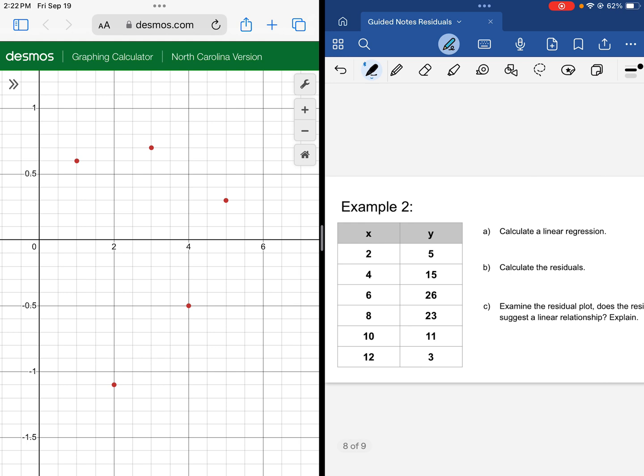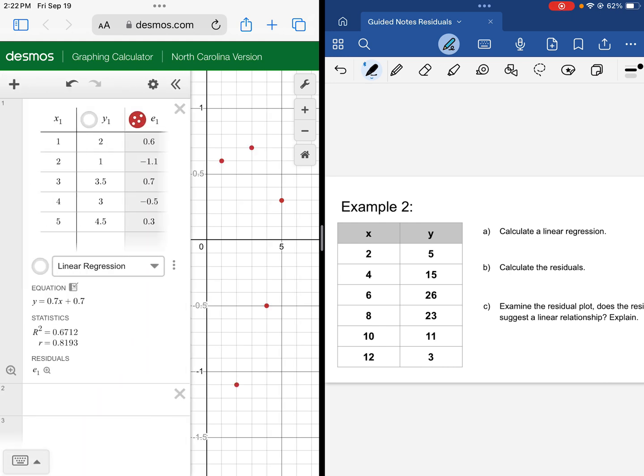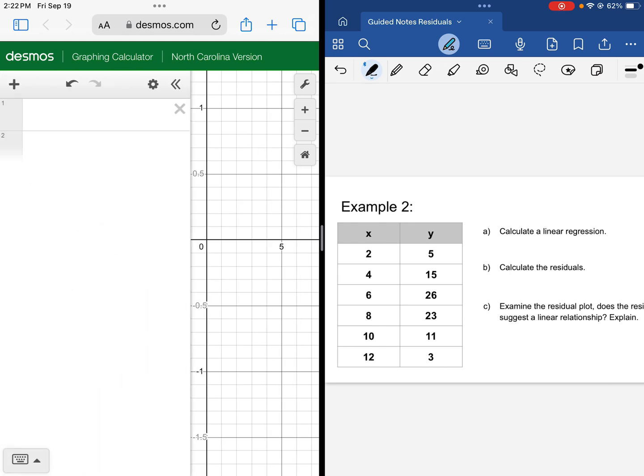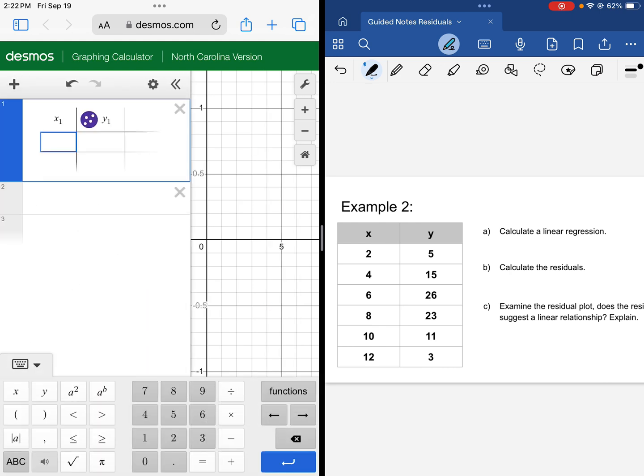All right, we've got another example here. We're going to do the exact same thing as we did there. So let's go over here and clear all this information out, and let's start over with our new table.